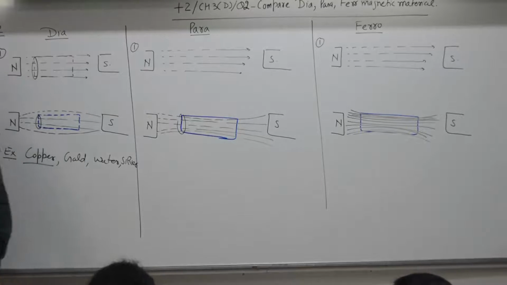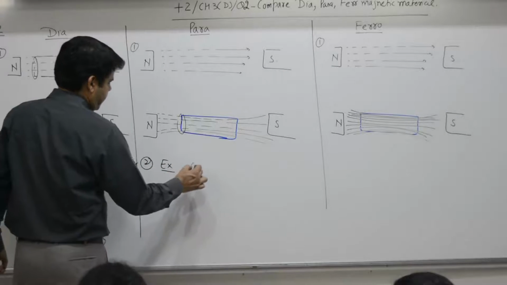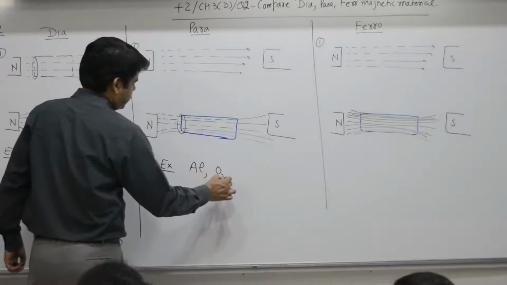We have some examples of para also: aluminium, chromium, manganese, lithium, magnesium, platinum, tungsten, sodium, potassium, oxygen. Aluminium is one example and oxygen is another.